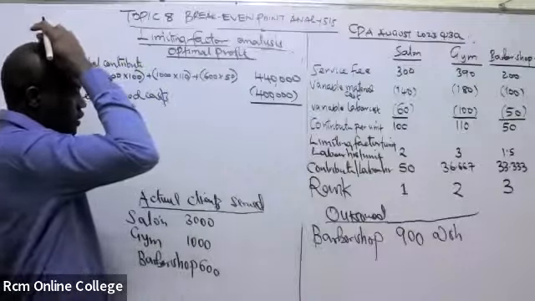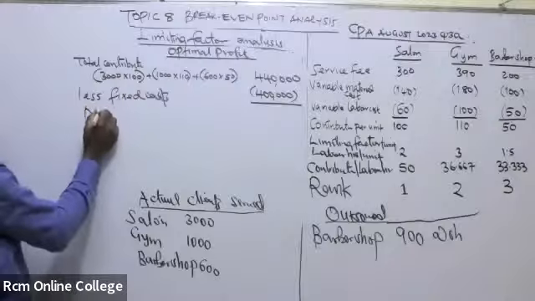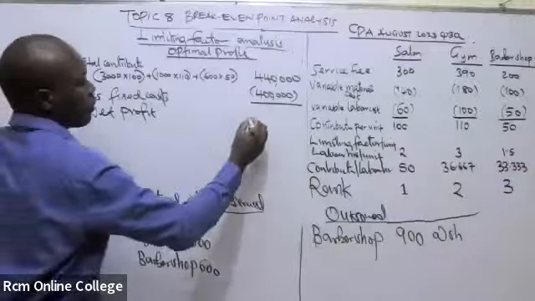Good. Can we get optimal profit? So optimal profit here, we just get our net profit. What will the net profit be?